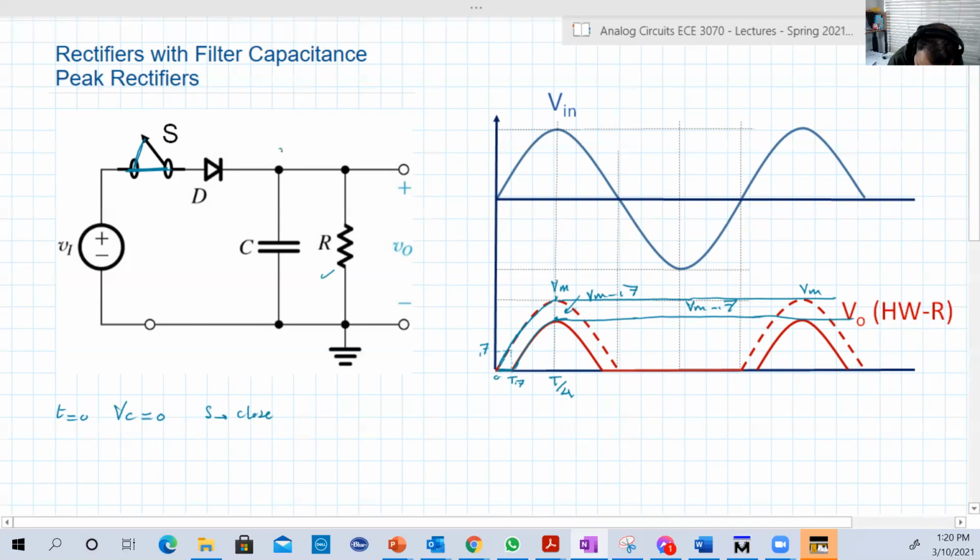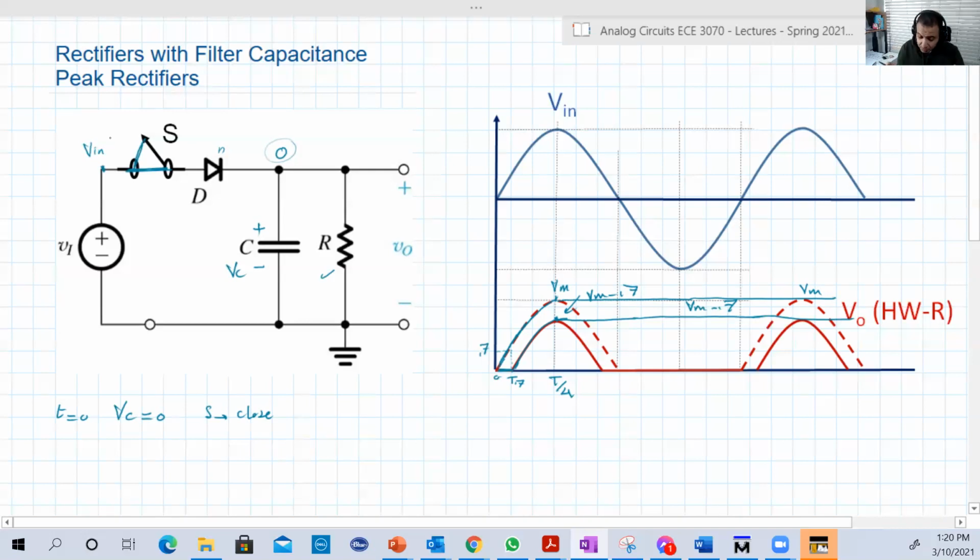Again we have 0 voltage here, because VC is equal to 0 at T equal to 0, so the output is also 0. So the N side of the diode has 0 voltage, and the P side is just equal to V input.